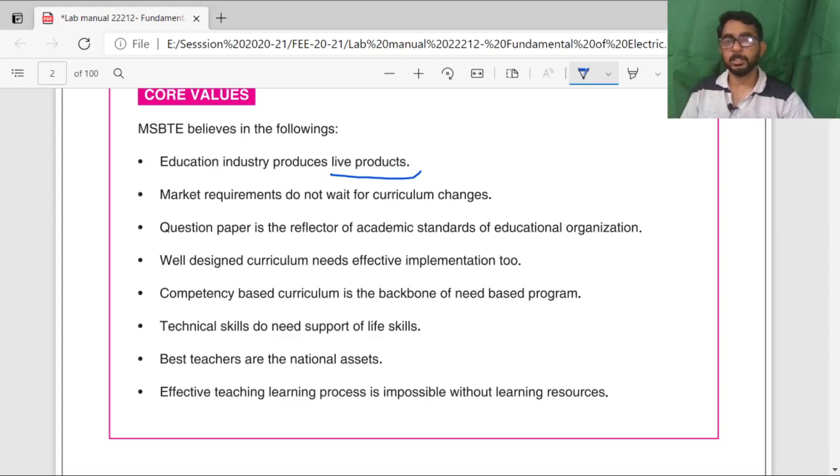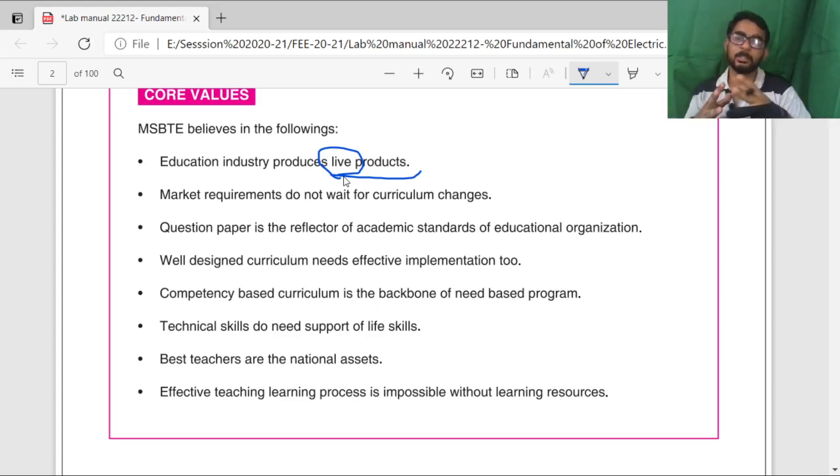Means the students who will complete this course are known as the live products. Live products are also defined as the students who will be able to do all the activities after completing this particular course, whether it is civil or mechanical; that student is known as the live student or live product.